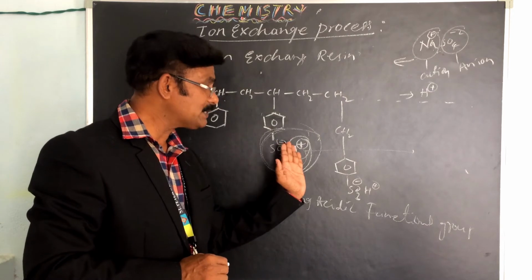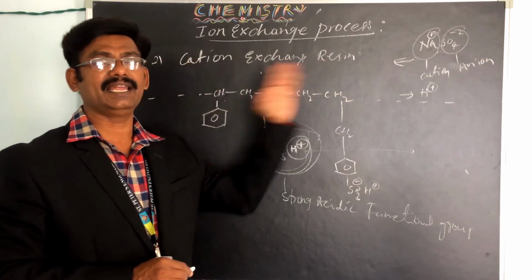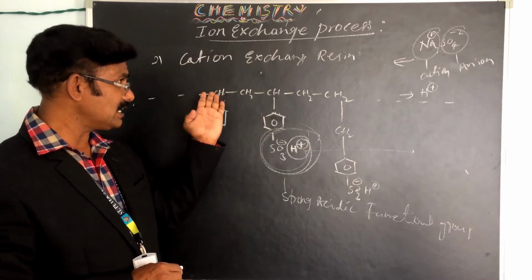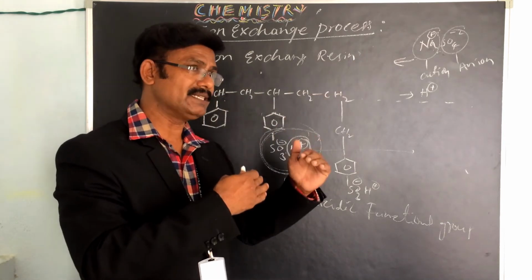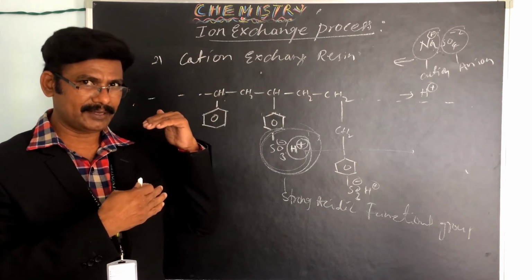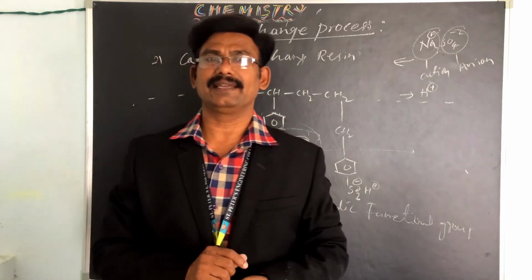Cation exchange: H plus is a cation, and Na plus is a cation. H plus is going out and Na plus is coming inside. So this is called the cation exchange resin.